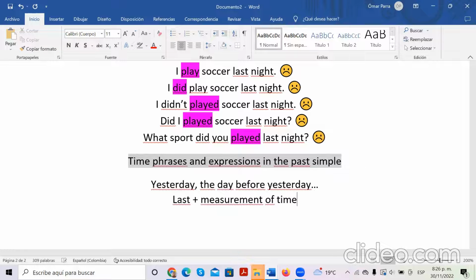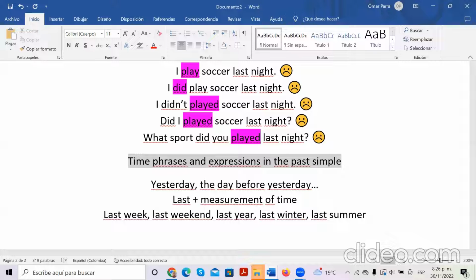For example, we have many possibilities here. Last week, last weekend, last year, last winter, last summer.